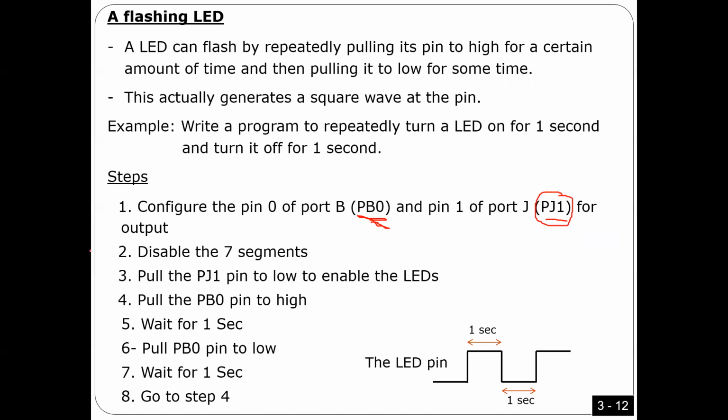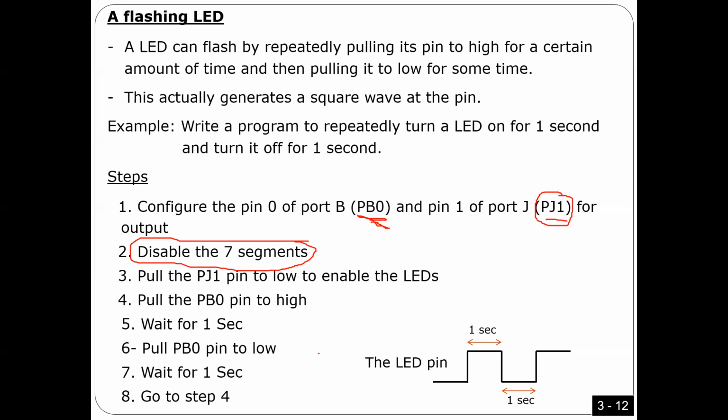Also, here I have to disable the 7 segment. Why? Because as I told you, if you want to use the LEDs, you have to disable this one. Otherwise, all of them are going to work at the same time. This is not going to damage the board, but it doesn't make sense because you are going to see random shapes here, just random.